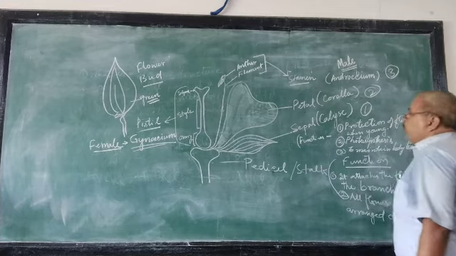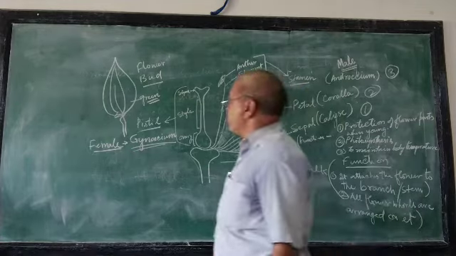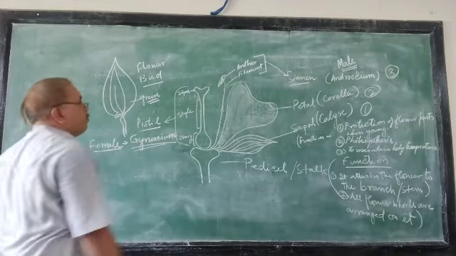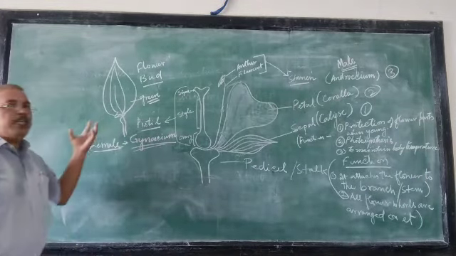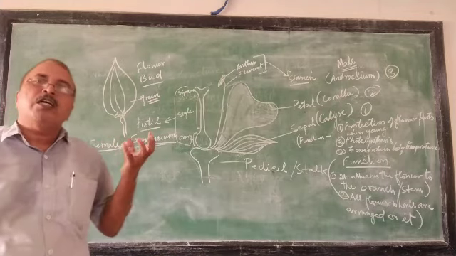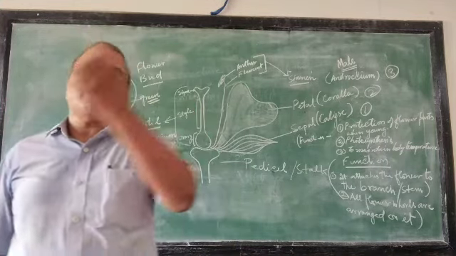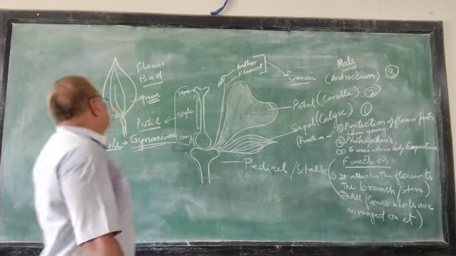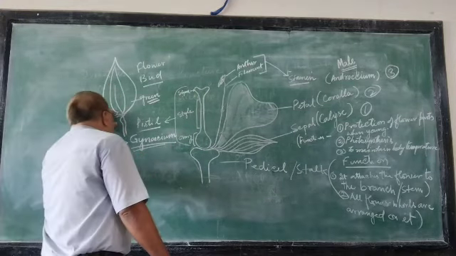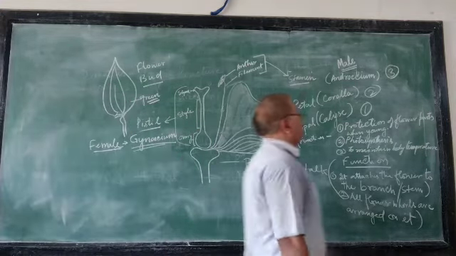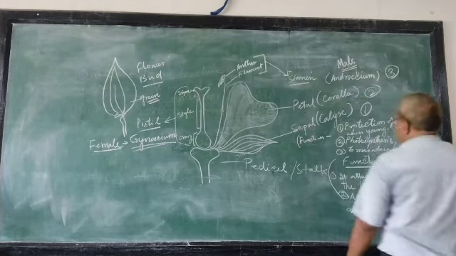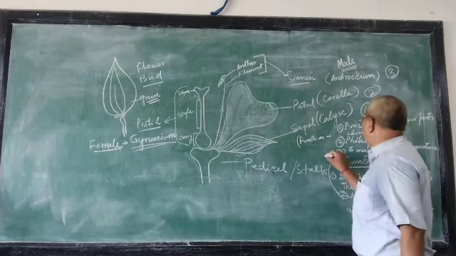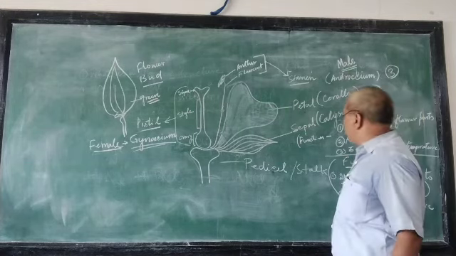We maintain the body temperature because many of the enzymes, the chemical substances that regulate many activities and vital functions in a living body, get activated at a particular temperature, and the temperature is also maintained by these sepals.